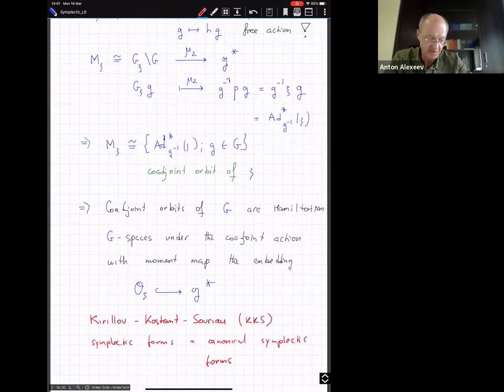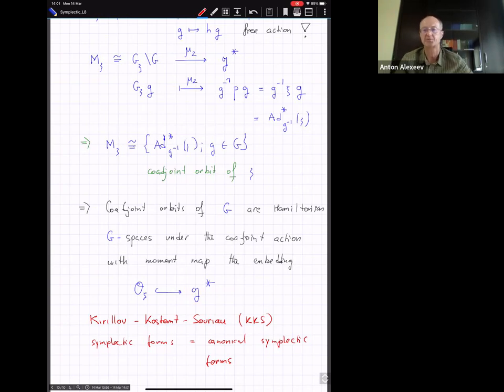One should also say that since the discovery of those symplectic forms, which is probably sometime in the 70s of the last century, there is an infinite amount of research which happened on investigating symplectic structures on coadjoint orbits.